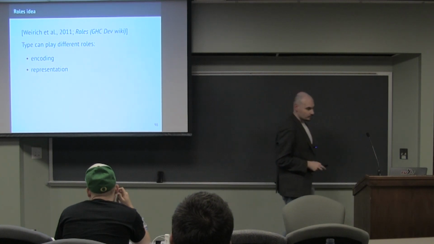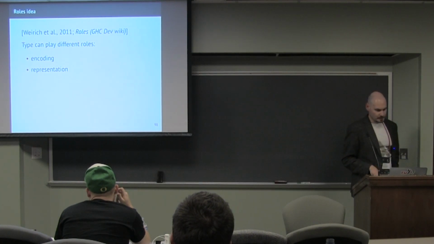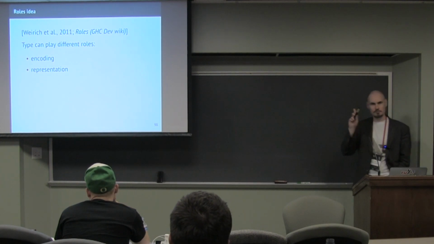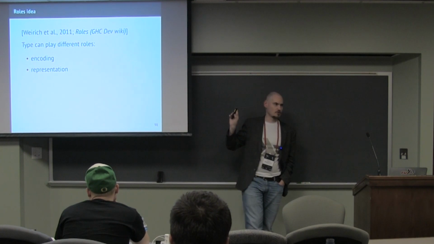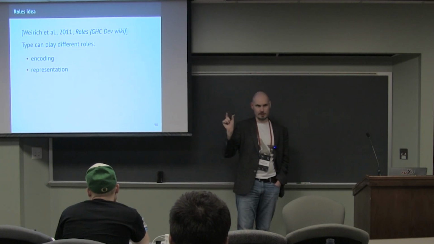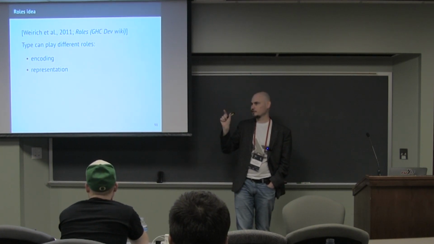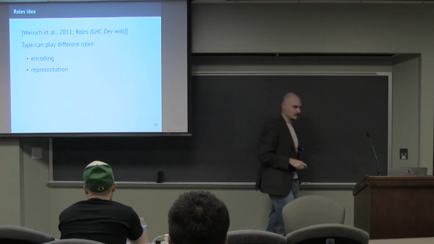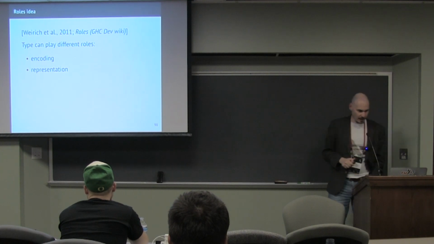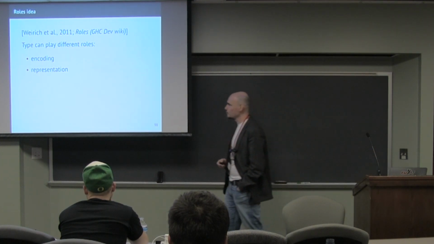The answer was given in this paper. So System FC 2007 and this paper 2011. So that's basically this time slot when this was possible, before they came up with the right idea. And the idea of this paper was as follows.